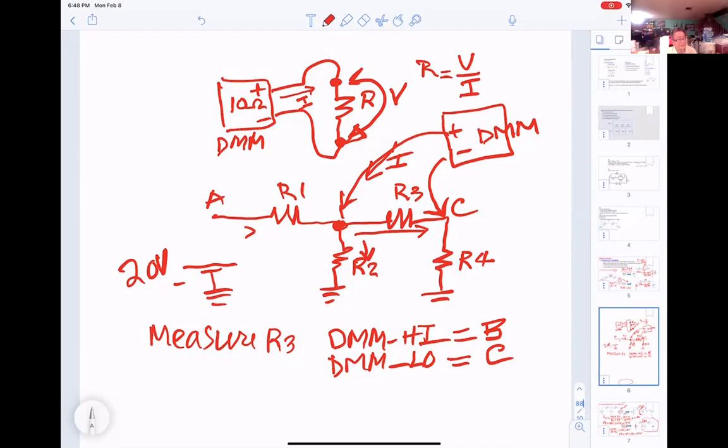Whatever happens inside the DMM, we don't care. What we care about is when you measure R3, you connect this way, and current will be sent out. Whatever current, I don't care, but current is sent out. So when it goes to this point here, current can go to here, and current will go the other side here.